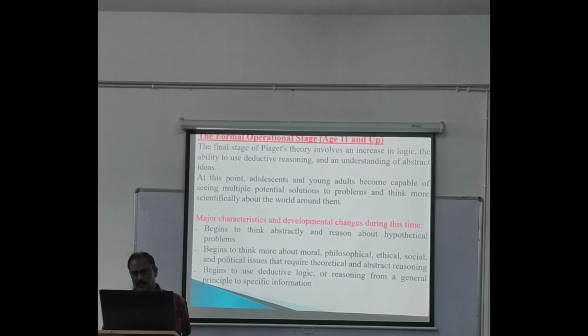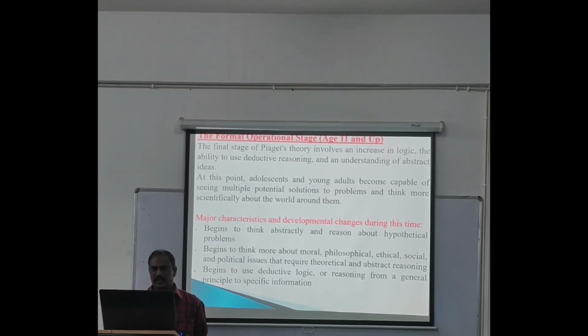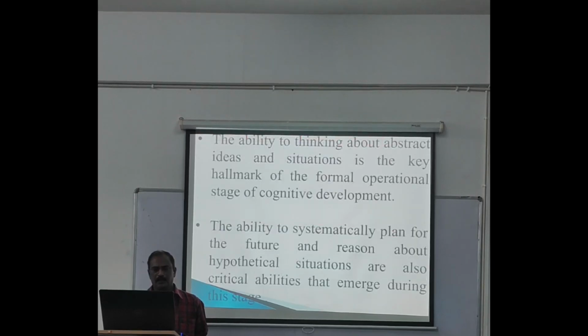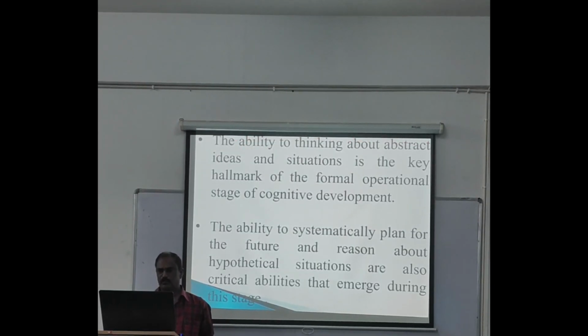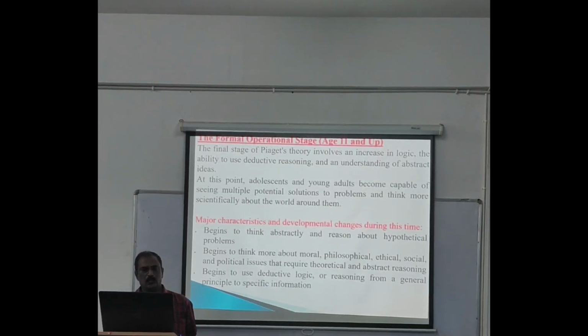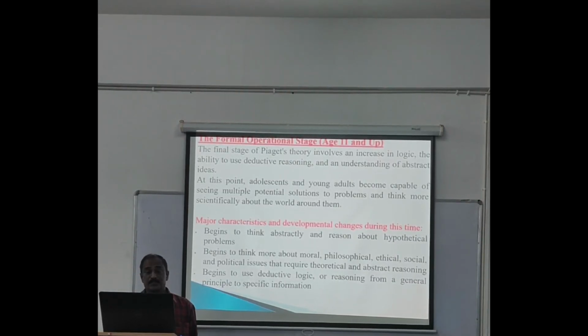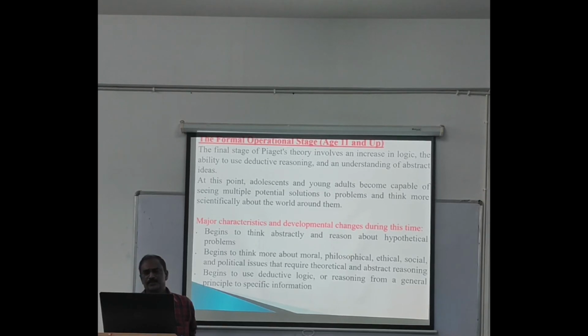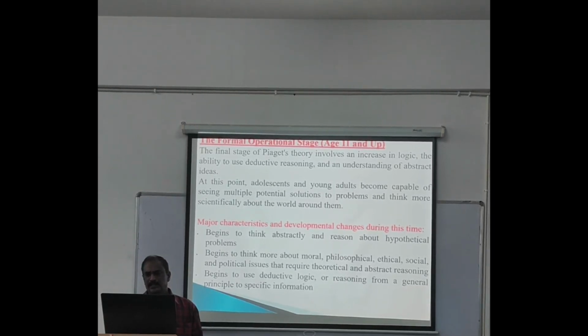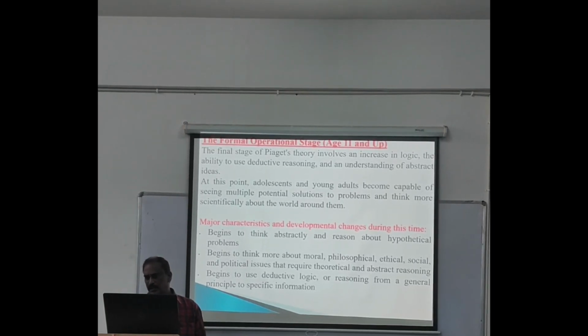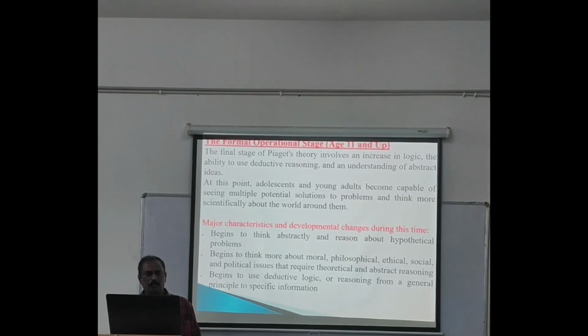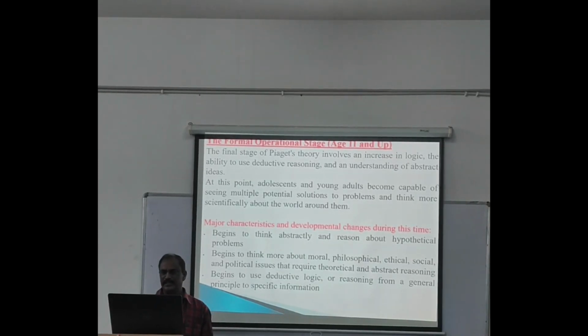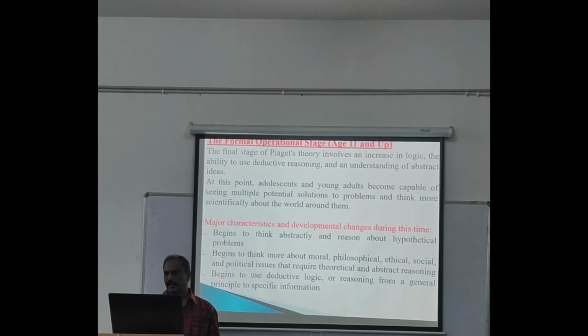And when we come to the fourth stage, formal operational stage, ages 11 and up, the student tries to use a deductive approach and also begins to think about concepts abstractly and reason about theoretical problems, begins to think more about moral, philosophical, ethical, social and political issues that require theoretical and abstract reasoning.